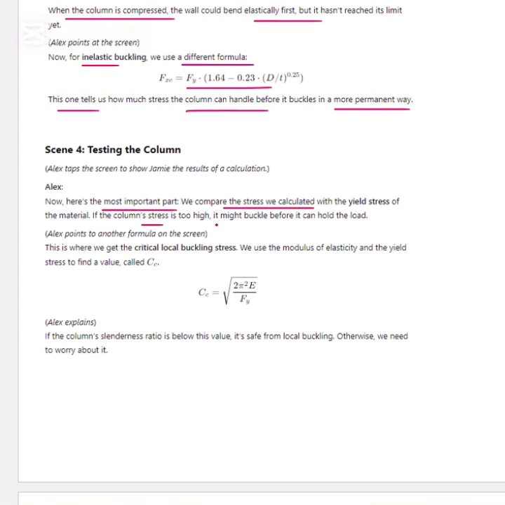If the column stress is too high, it might buckle before it can hold the load. This is where we get the critical local buckling stress, Cc. We use the modulus of elasticity and exponents to find the value called Cc. If the column stress is below this value, then we know it's safe from local buckling, no need to worry about it. Otherwise, we need to worry about it.